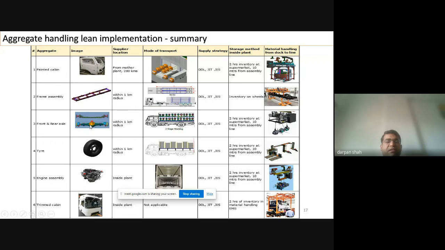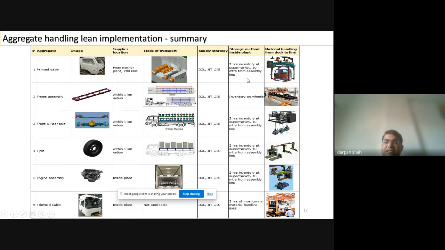Front and rear axles and tires are also very complex, because we have different types and makes of tires, and ensuring that all the tires in a particular vehicle are of the same make and size is one challenge we normally face in handling and supplying these aggregates onto the assembly line.